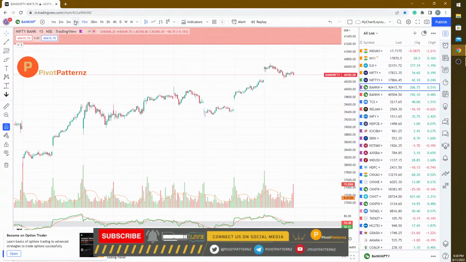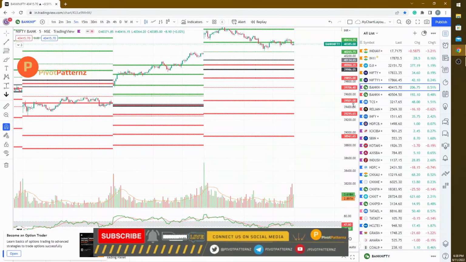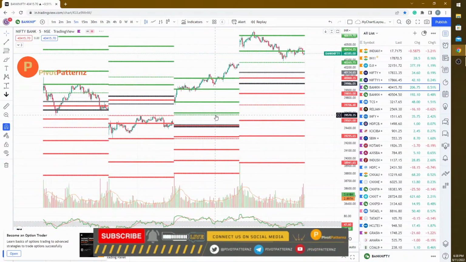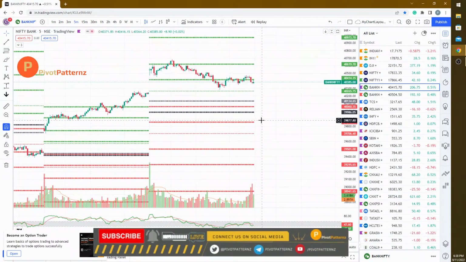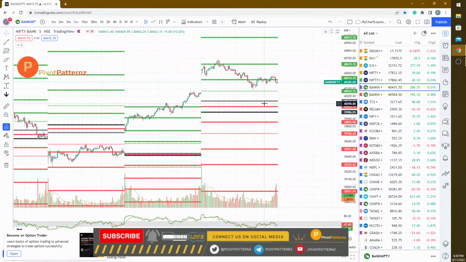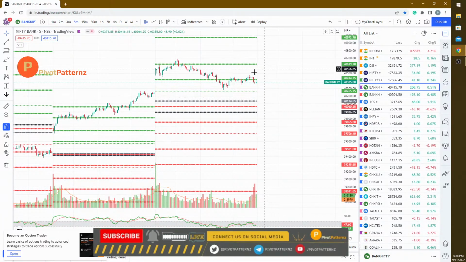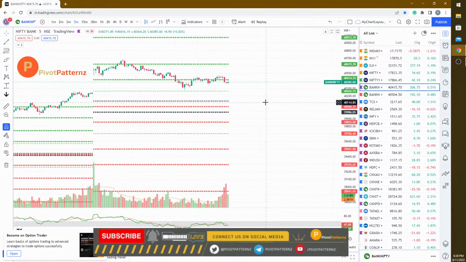If you are somebody who is a big fan of CPRs, clearly CPR, I don't know if you are familiar with CPR trading on intraday. If you happen to get any buying opportunity, if you open flat, I presume the next day CPR would be somewhere close to this. So there's an overlapping CPR which has been formed.